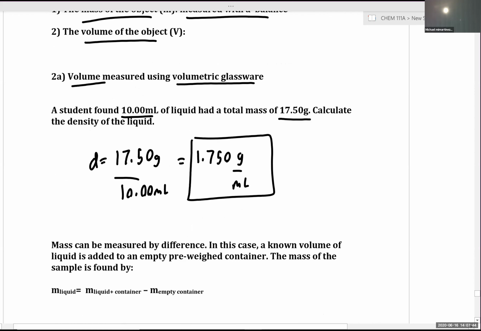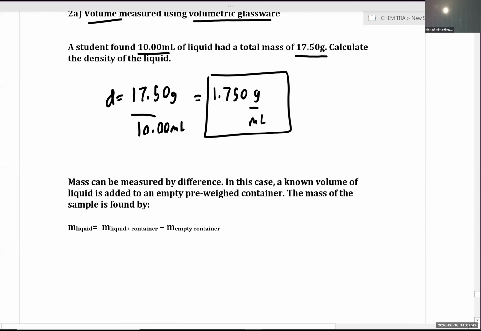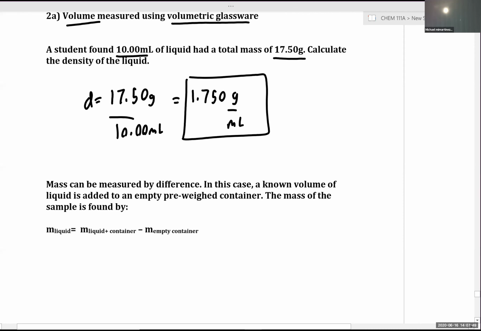Now, in the laboratory, we often measure mass via difference. In this case, a known volume of liquid is added to an empty pre-weighed container, and the mass is found via difference. So the mass of liquid is the mass of the liquid plus the container minus the mass of the empty container.